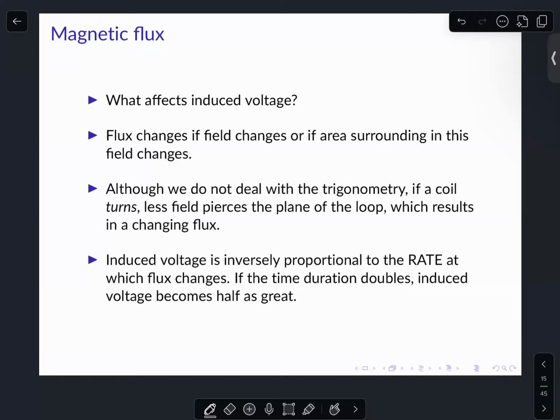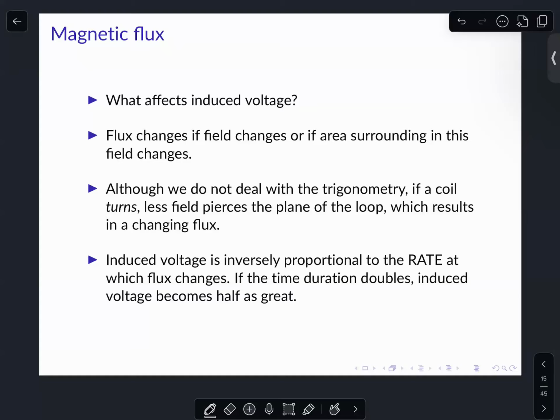It's skimming the surface instead of piercing the loop. If you put a hula hoop sideways to the current of a river, there's less water going through the hula hoop. So flux can change 3 different ways: B times area can change if B changes, if area changes, or if the angle between them changes.